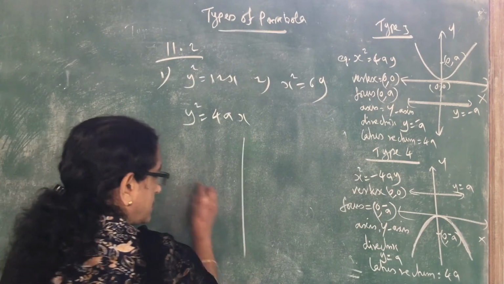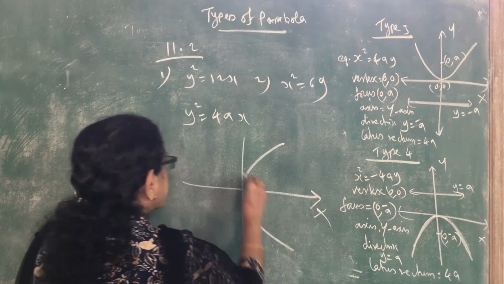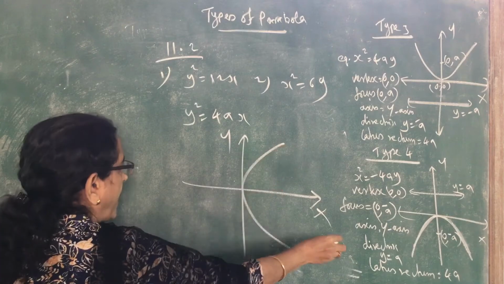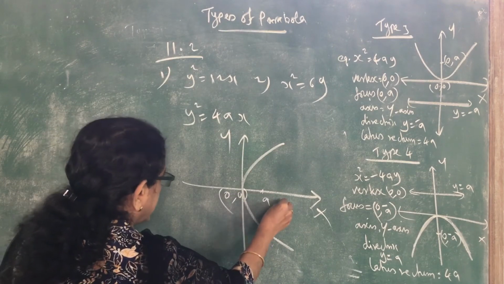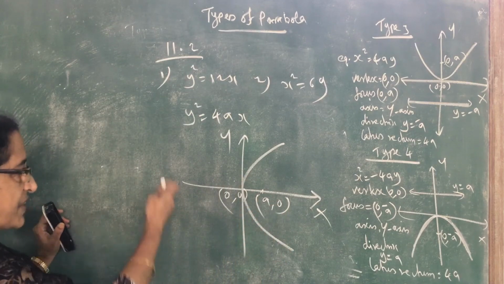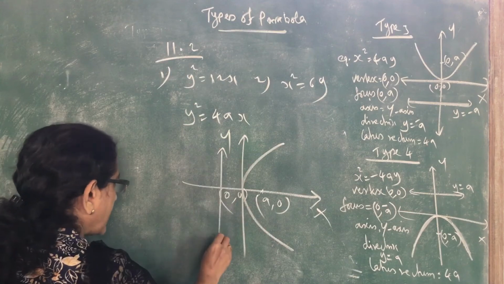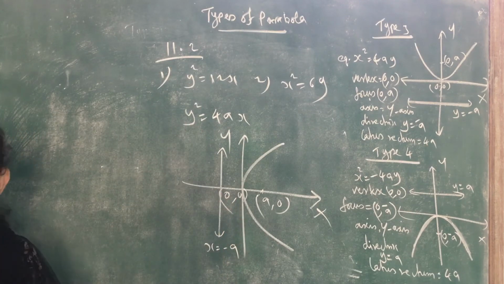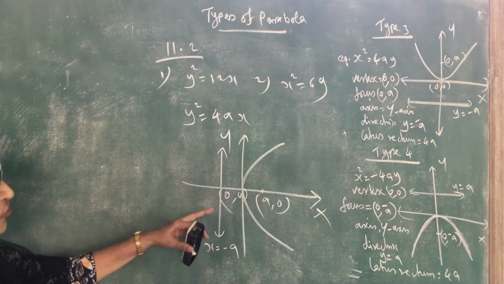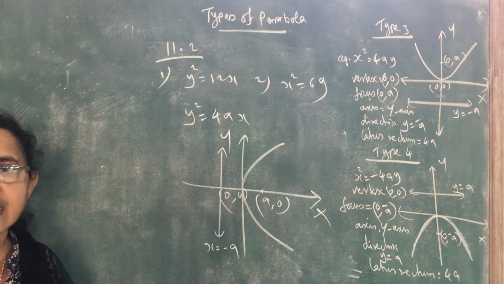Its figure is like this: this is the x-axis, this is the y-axis, this is the parabola, this is the vertex, and here the focus will be (a, 0) and the directrix will be on the left side, with equation x equal to minus a. So we want to find the focus, directrix, length of the latus rectum and axis.